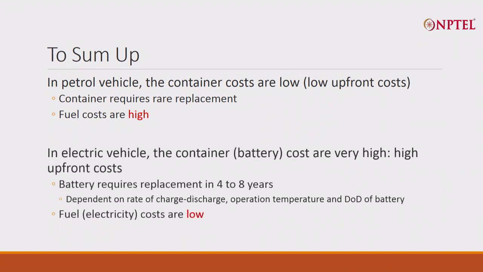In an electric vehicle, the container costs are very high, the battery costs, high upfront costs, and on top of it the battery requires replacement in 4 to 8 years, depending on the charge discharge cycle, operation temperature, depth of discharge. But the good part is fuel cost is very low. Also it is environmentally friendly, so all those things will add significantly.